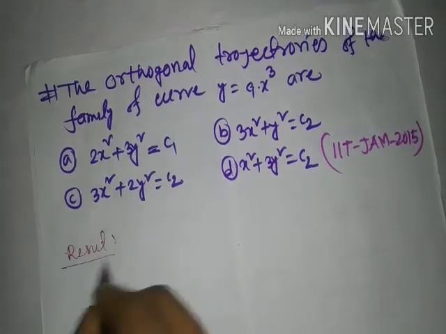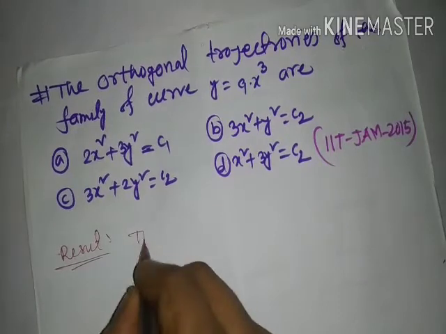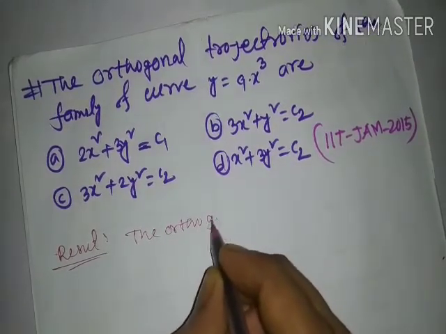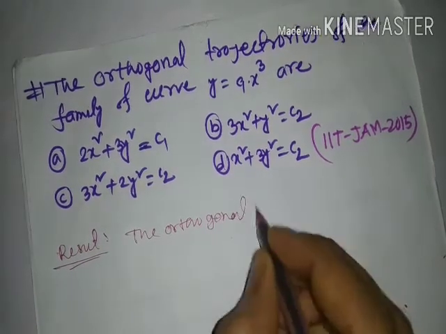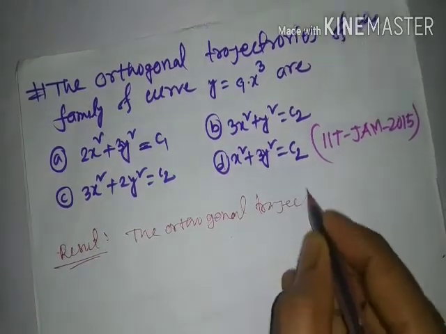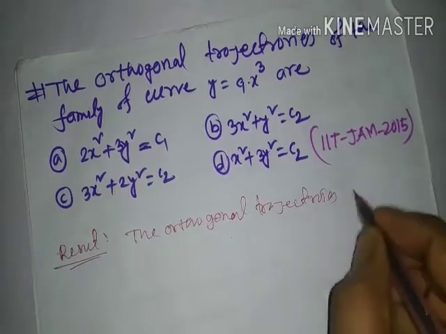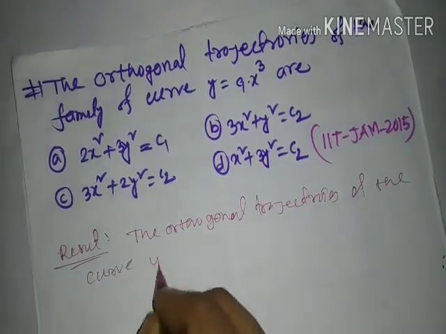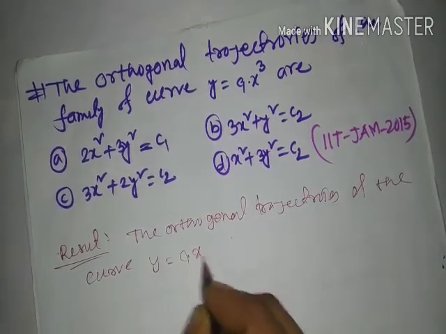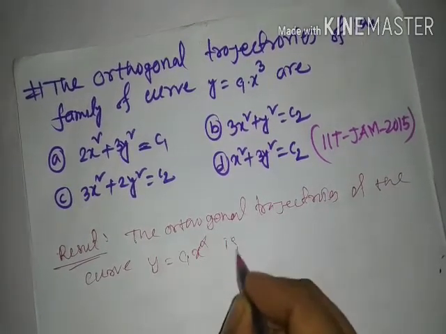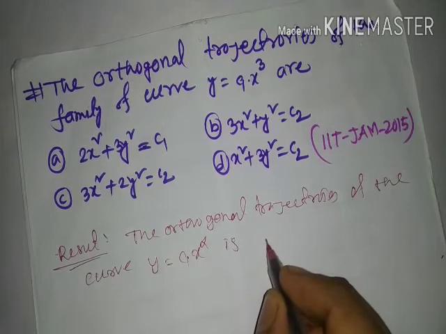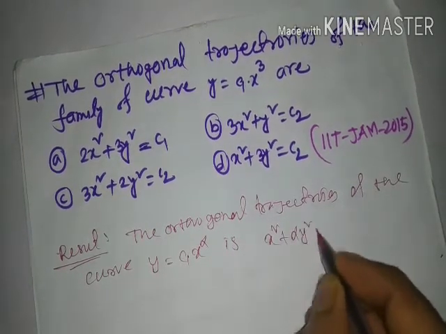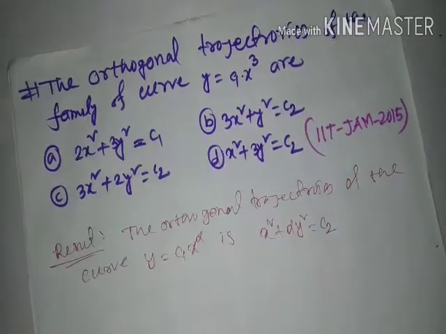The result: the orthogonal trajectory of the curve y equal to c1 x to the power alpha is x square plus alpha y square equal to c2.